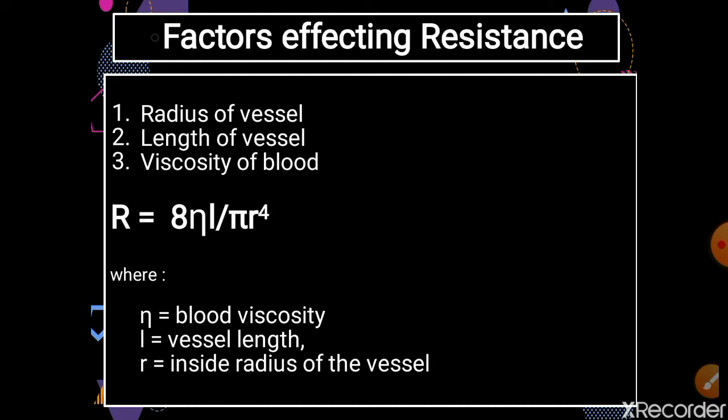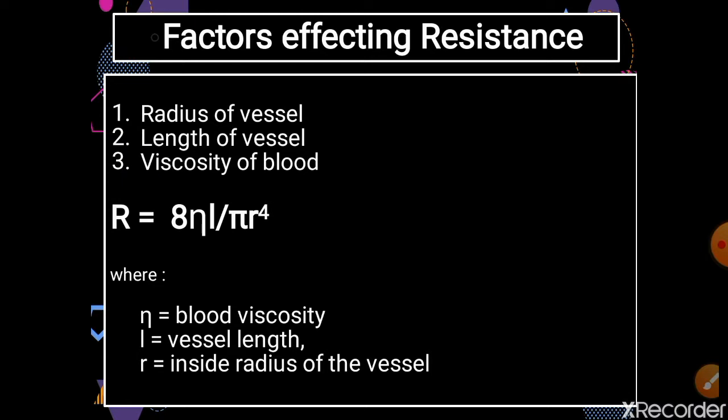R is equal to 8 eta L divided by pi R^4. In this formula, 8 and pi are constants, while viscosity is denoted by eta and length of the vessel is denoted by L and radius of the vessel is denoted by R.